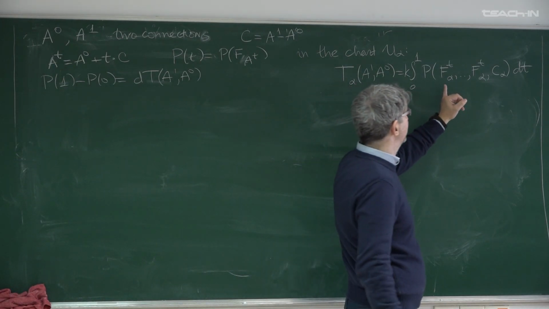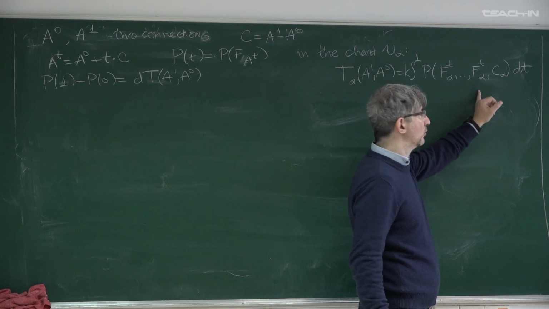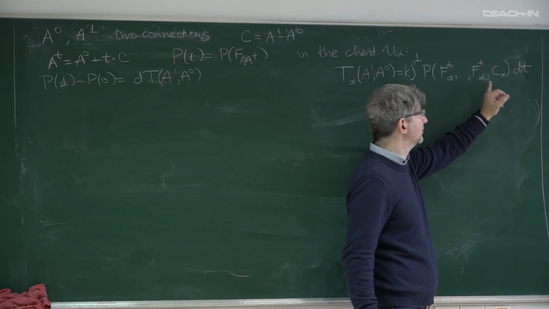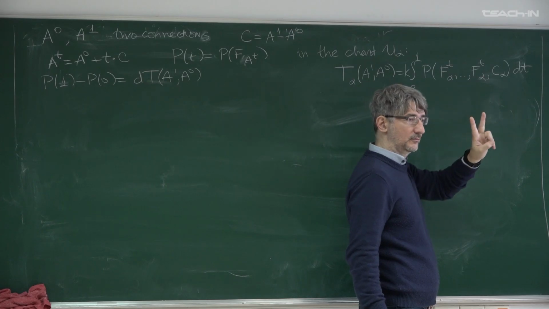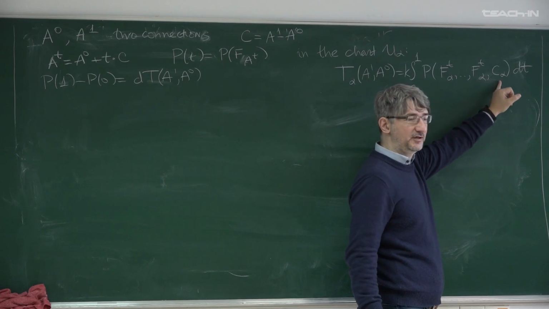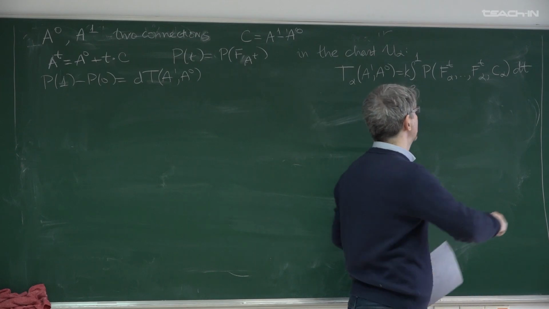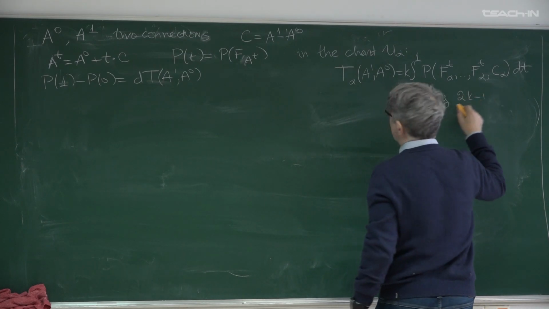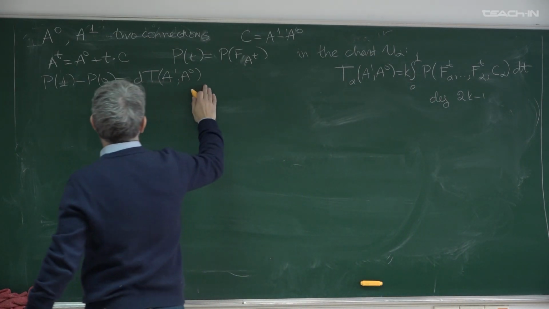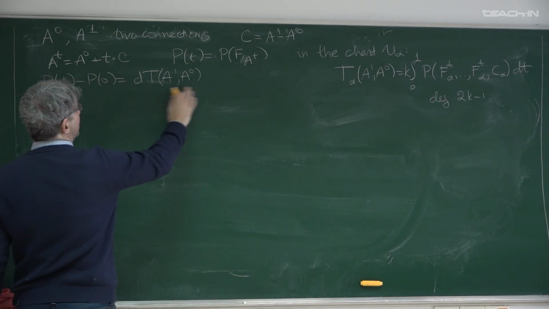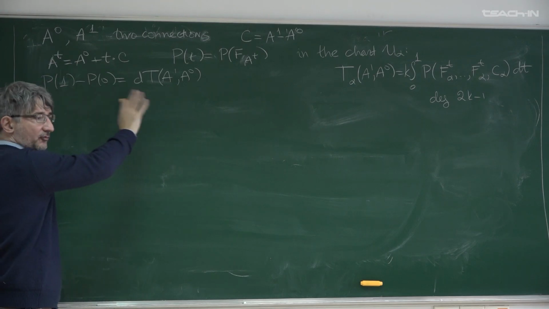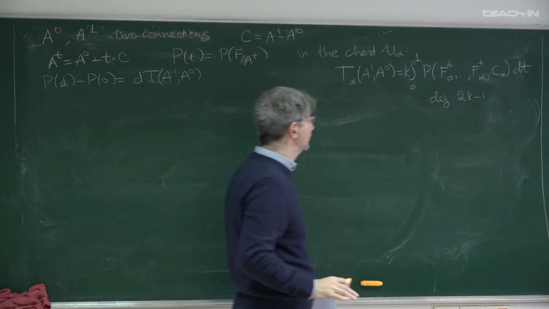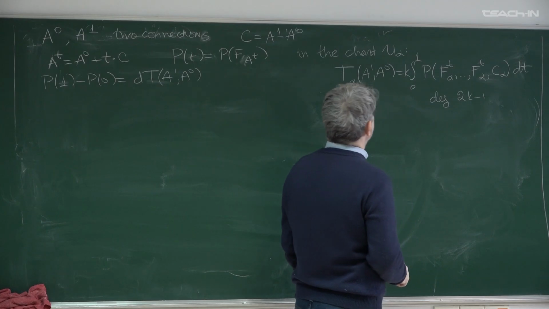K minus 1 times we have F, and 1 time we have C. The degree of F is 2, and the degree of C is 1. So the degree is 2K minus 1. So 2K minus 1, then the differential gives 2K, and 2K here. So the degree coincides.